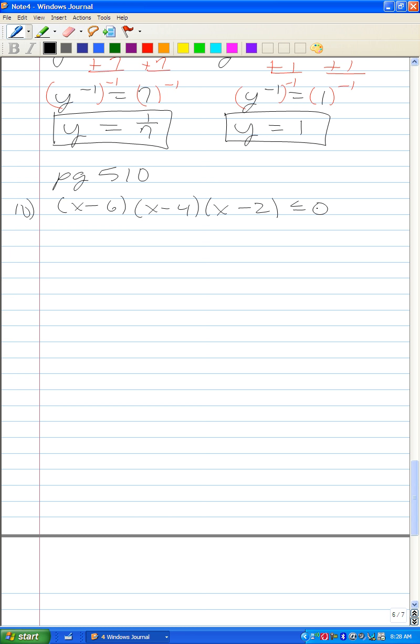And so this is in factored standard form. Let me determine my critical numbers. I can determine my critical numbers by setting each factor to 0 and solving for x.